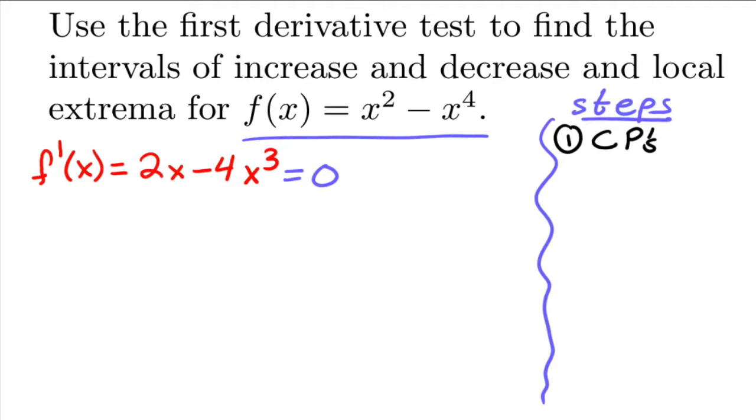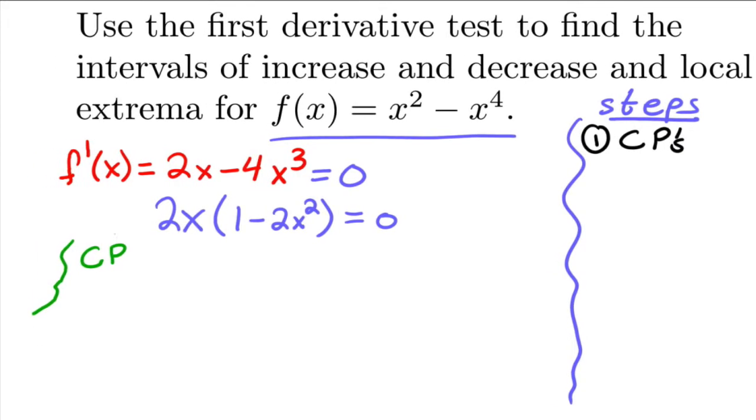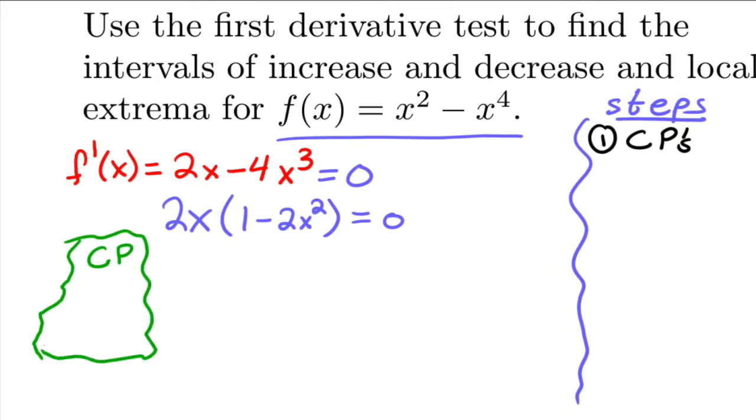And so to solve this equation, we can factor out a 2x, leaving us with 1 minus 2x squared equals 0. And this is going to give us 3 critical points. So I'm going to make a little critical point bubble here.